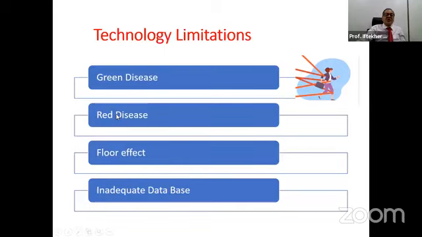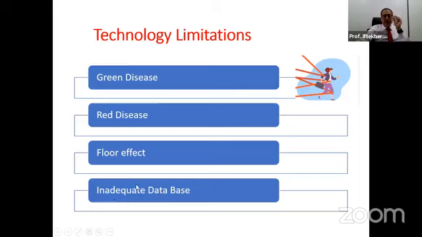So it is called red disease. Floor effect: when nerve fiber thickness is less than 50 micrometers, OCT cannot see the progression, because this 50 micrometers is considered to be blood vessels and glial cells. This is called floor effect.